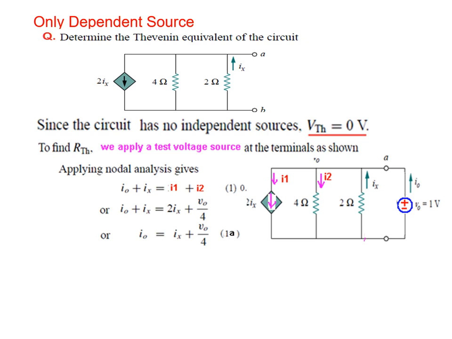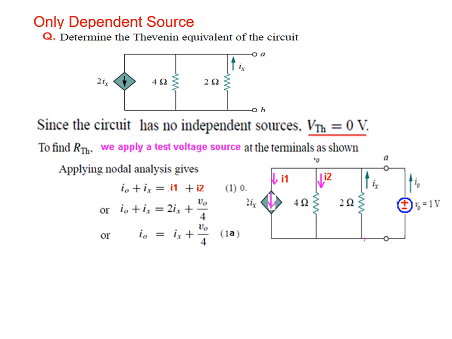From here we can see that I1 is actually the current source, which is 2Ix. So for I1 we write 2Ix, and I2 is in terms of voltage V naught divided by 4. So V naught divided by 4, and from here we can find I naught to be equal to Ix plus V naught over 4.